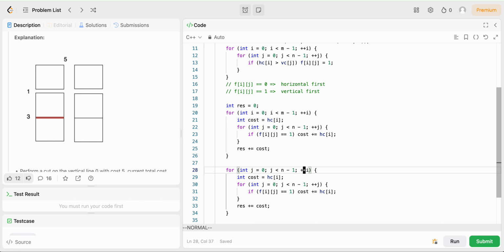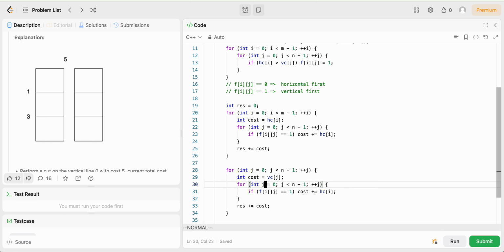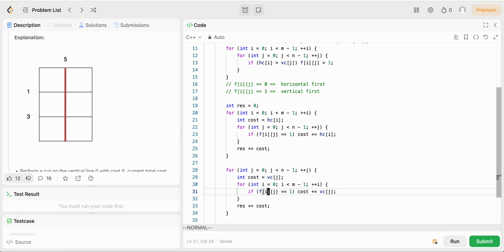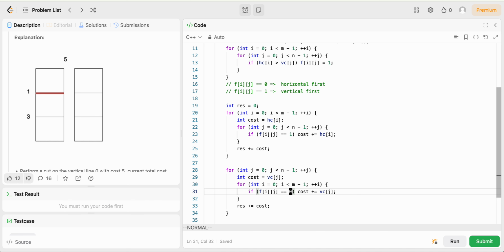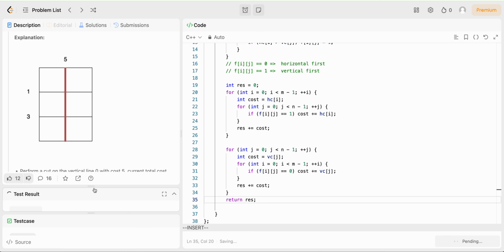So here is N and here is J. And now it's vertical at J. Here is I, M, and I. So this is VCJ. And here is 0 because we are checking for the vertical positions. And I think that's it. We just return RES.